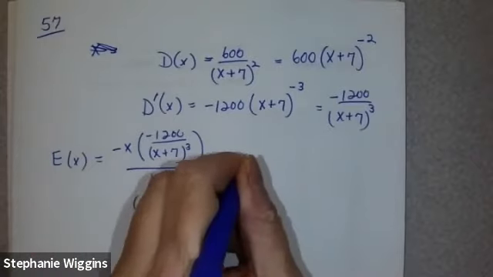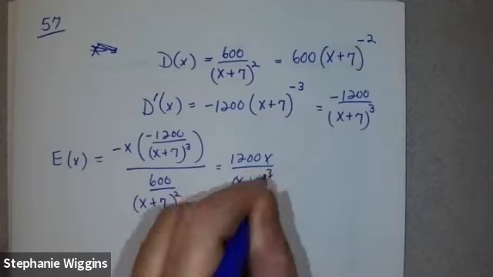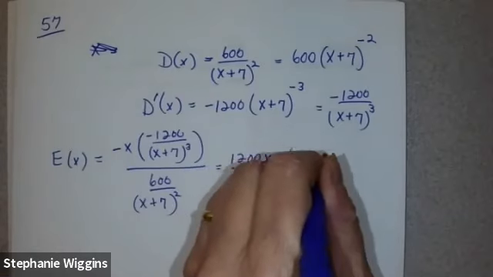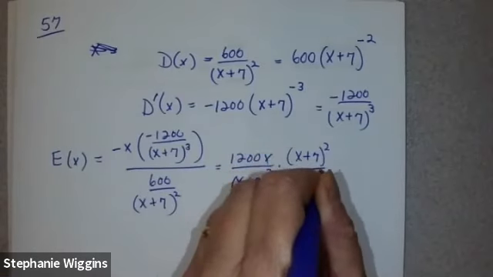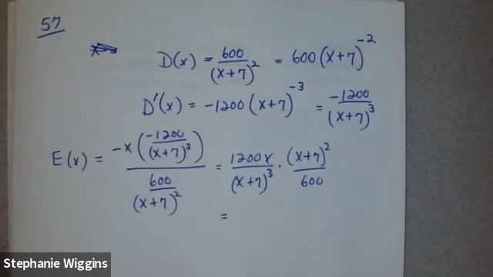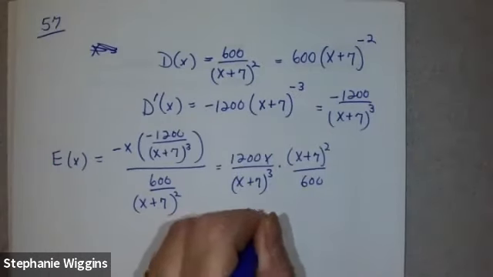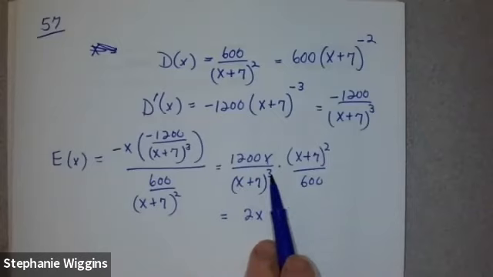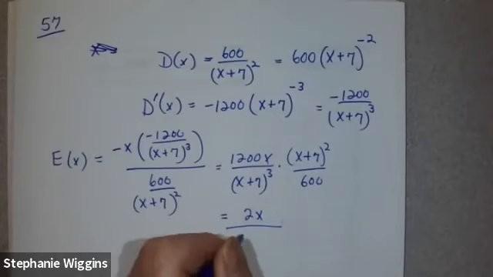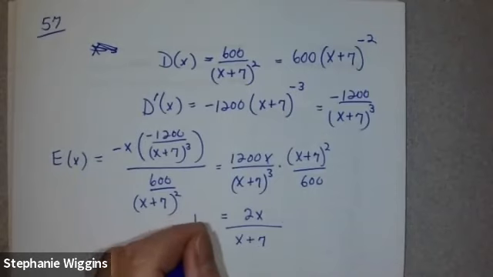So you're going to have 1200x over (x + 7) cubed multiplied by the reciprocal of this. And so when you simplify that, you're going to get 1200 divided by 600 is 2x, and then (x + 7) cubed in the denominator with (x + 7) squared, and the numerator is going to give you 1 (x + 7) in the denominator. This is your elasticity. This is E of x.